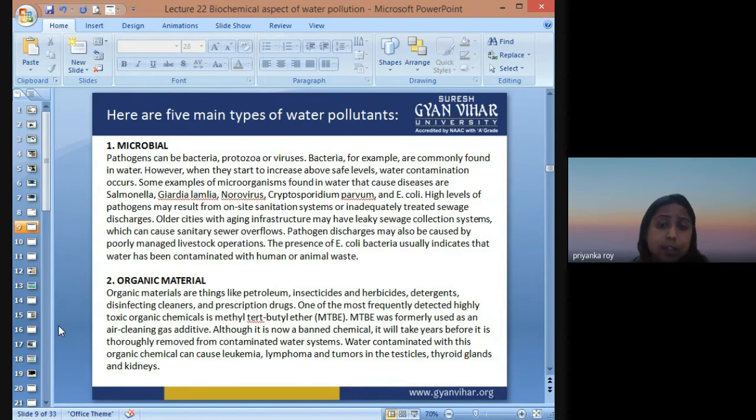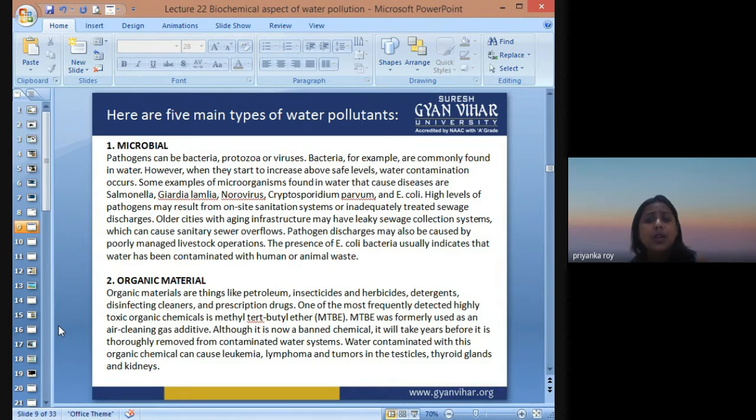Then older sites with aging infrastructure may have leaky sewage collection systems, which can cause sanitary sewage overflow. Pathogen discharge may also be caused by poorly managed livestock operations.